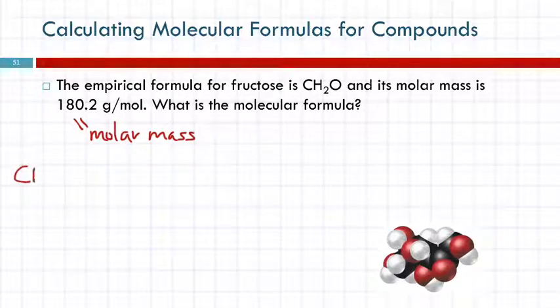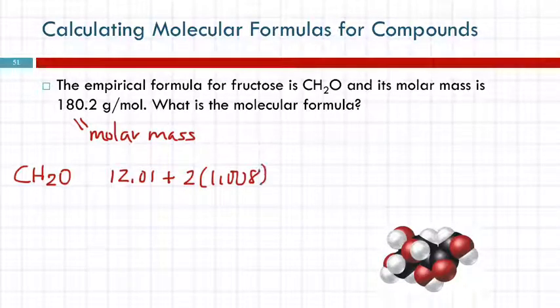So let's figure out the mass of the empirical formula. We calculate it the same way we would do any molar mass. We've got 12.01. There's 1 mole of carbon and 2 moles of hydrogen and 1 mole of oxygen.